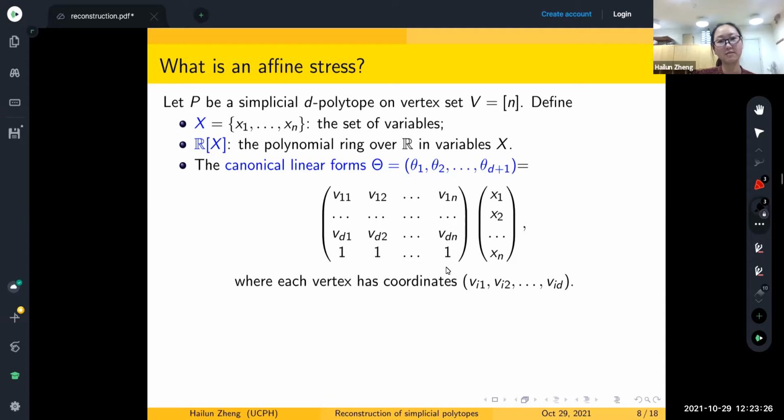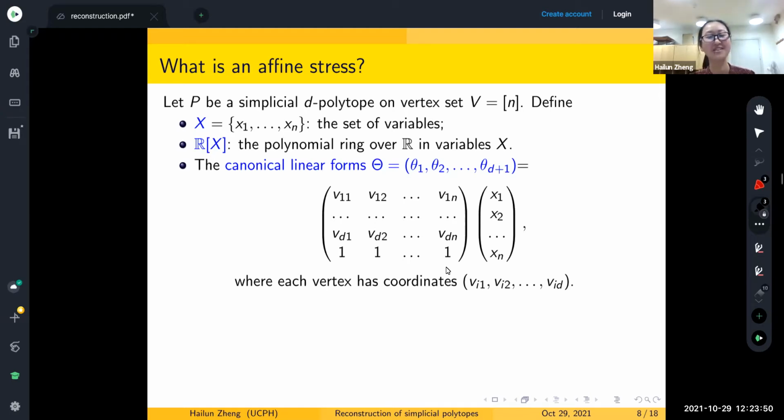Let's say the set of variables are just x1 all the way to xn. And from those variables, I can form a polynomial ring over R. If you know a little bit about combinatorial commutative algebra, then you know that I'm going to cook up the Stanley-Reisner ring, etc., but this is not what I'm going to do today.